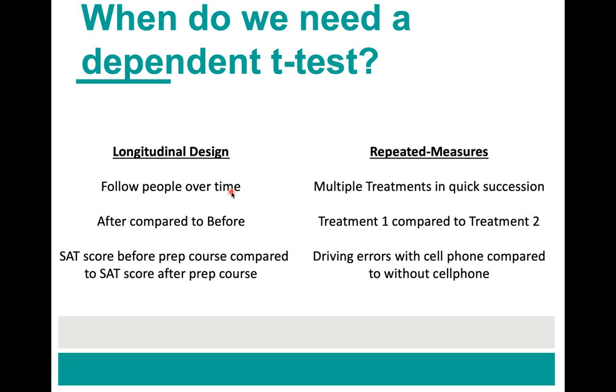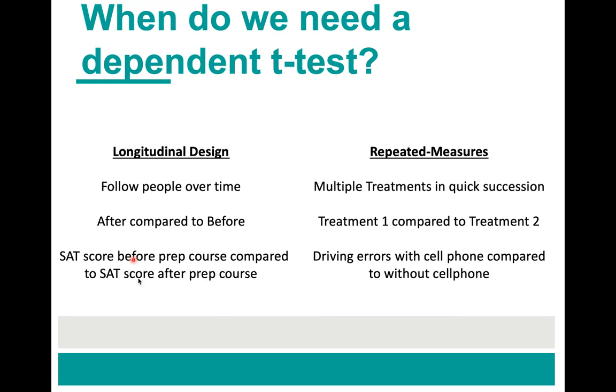Now, this time can be a few hours, it can be a day, it can be years, but we're following people over time in this before being compared to after situation.